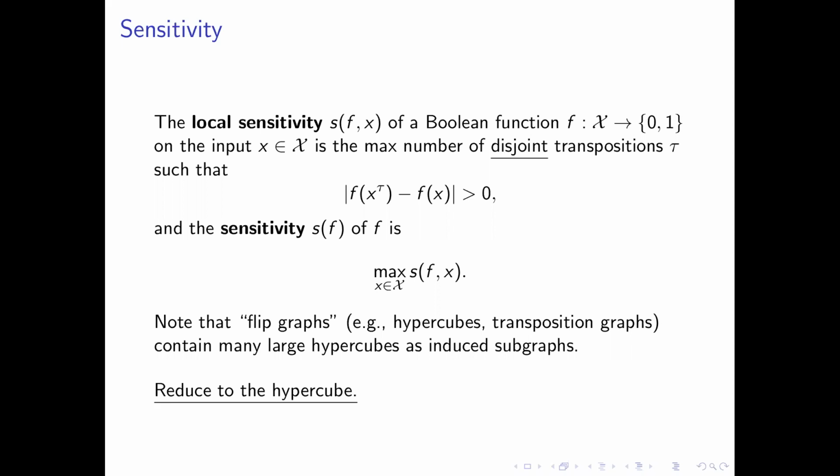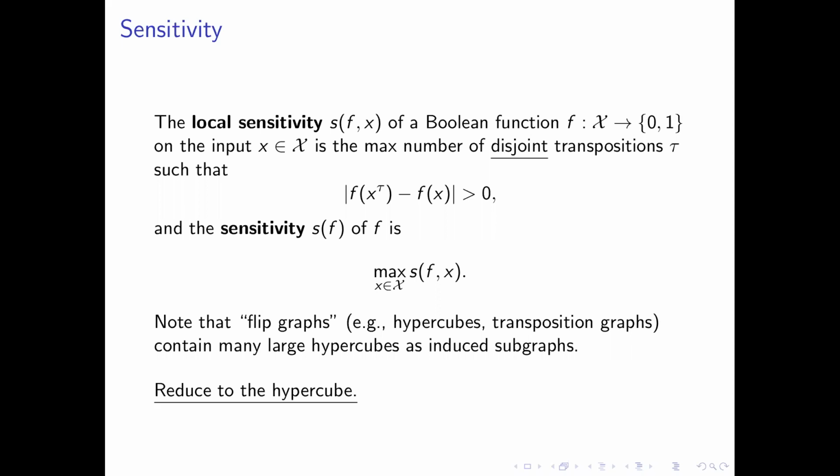In the paper we call this edge sensitivity, because you're thinking of the transposition graph replacing the hypercube, and you're looking at neighbors and asking which of my neighbors in the transposition graph has a different function value than I do.